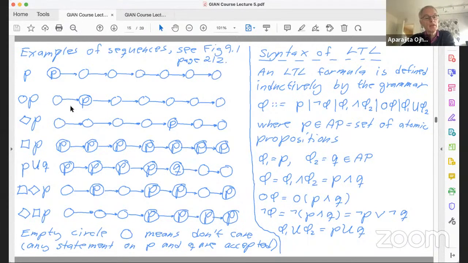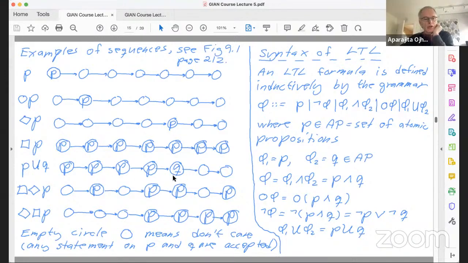Next P means that in not the first but in the second state P is true, and just P itself means that it's true now in the first state. P until Q means that P must be true until Q becomes true.